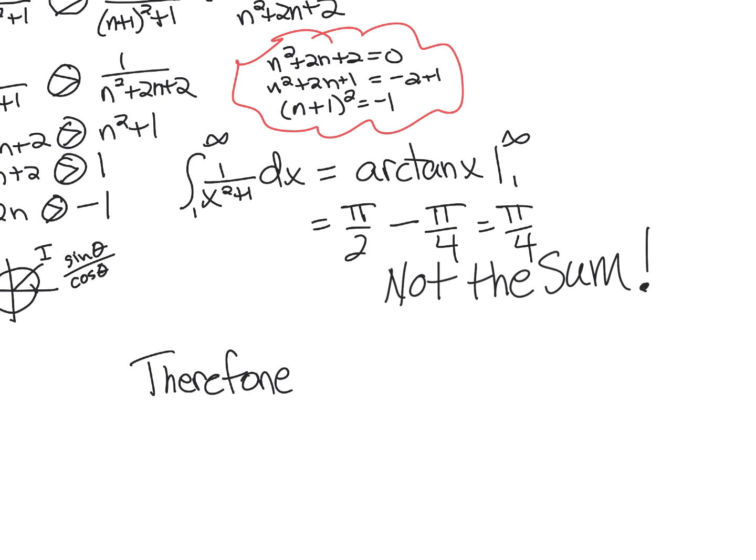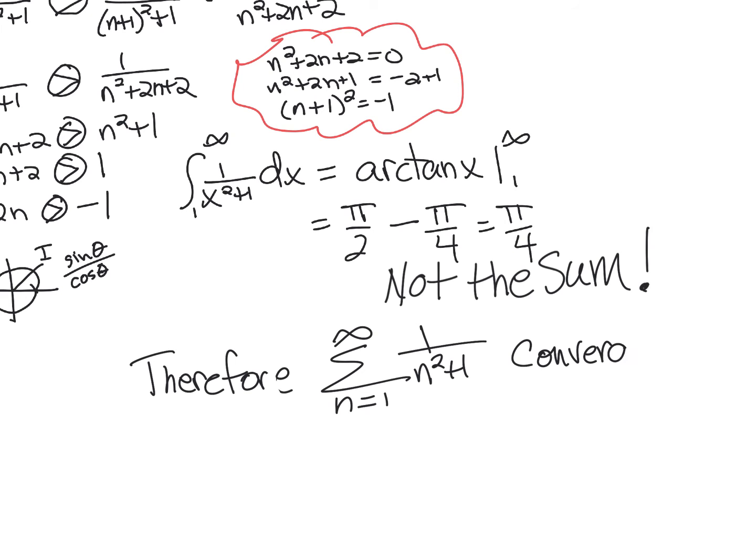Therefore, the series from 1 to infinity of 1 over n squared plus 1 converges. Why does it converge? How do we know that? Because the integral converged to a number. And that's the integral test.